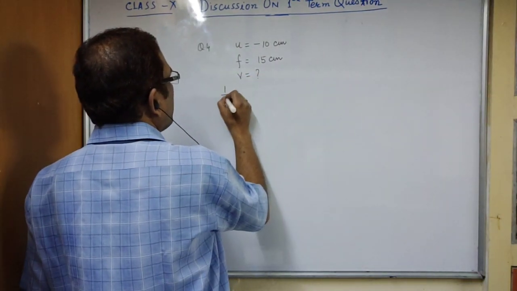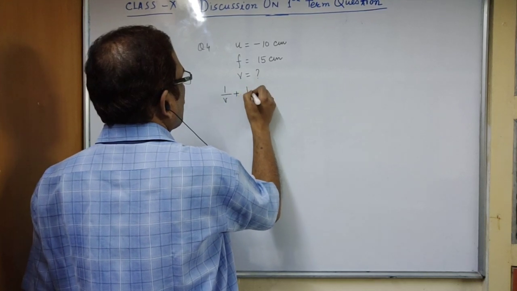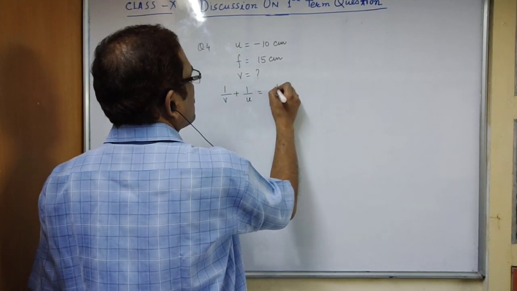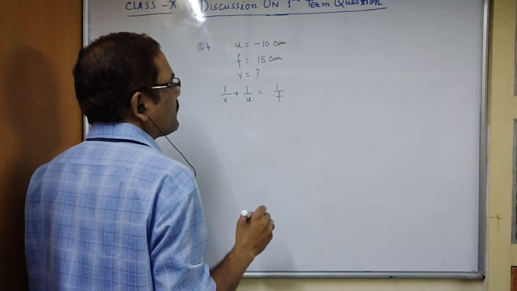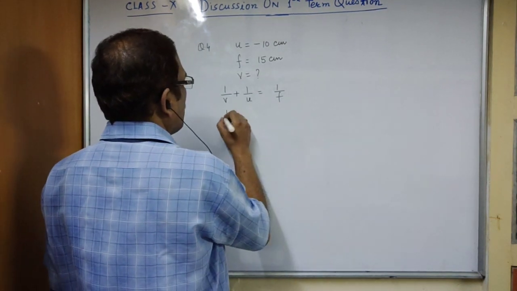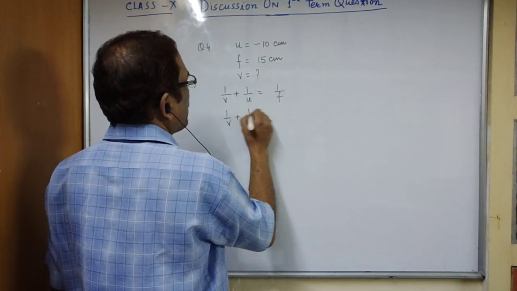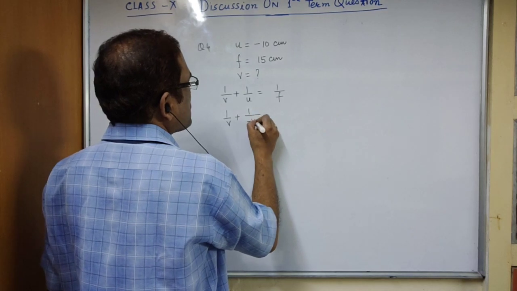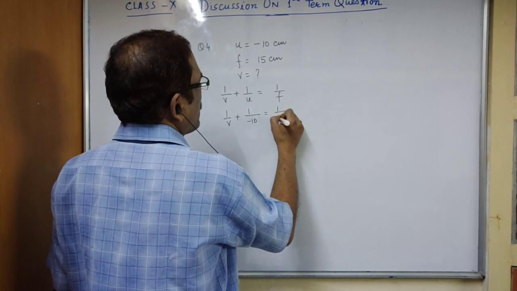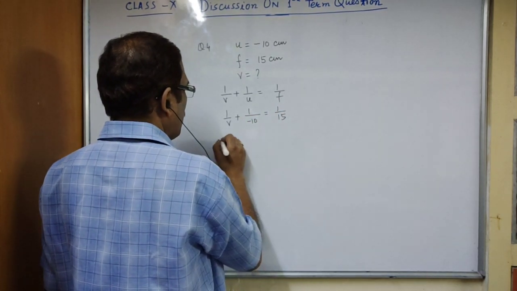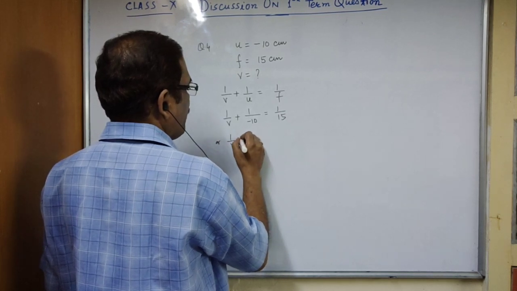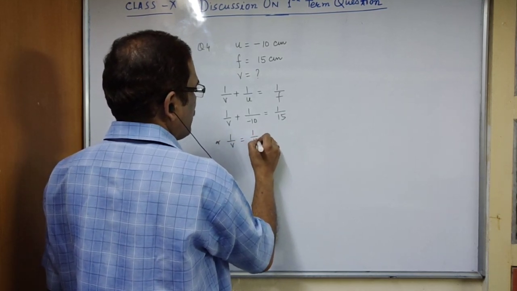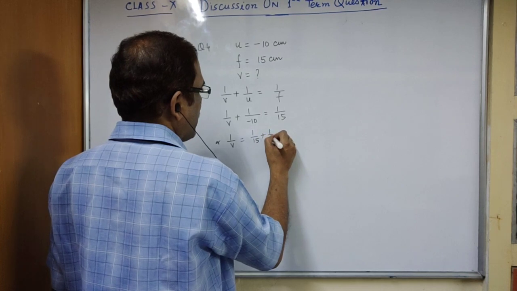Now use the mirror formula. We know that 1 by v plus 1 by u is equal to 1 by f. Now if we substitute the values, u will be minus 10, so 1 by v is equal to 1 by 15 plus 1 by 10.